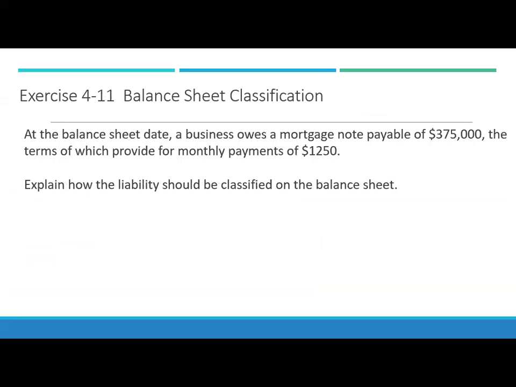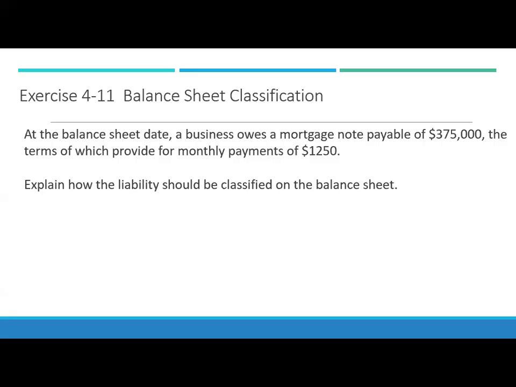Additional thing to note is that on the balance sheet, when we separate liabilities into current and long-term liabilities, we sometimes have to separate liabilities that are partially due within the current year.